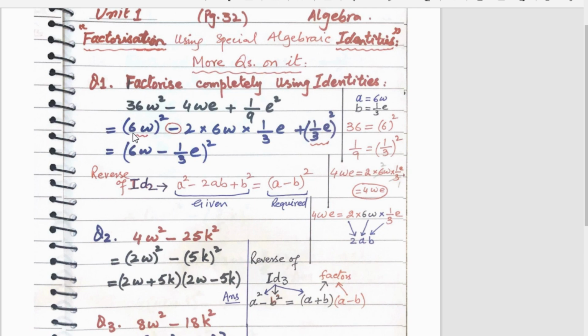Where is the square of 6? Here at the bracket. Where is the square of w? Here at the bracket. When we have a square power over the bracket, all the terms inside the bracket have that power. It means this square is not only of w, this is of 6 as well.